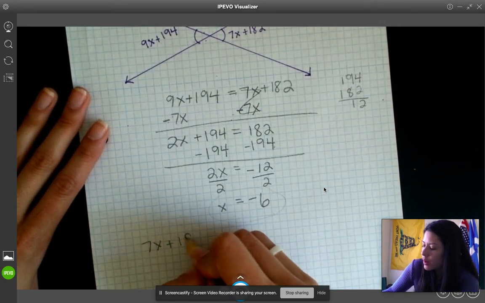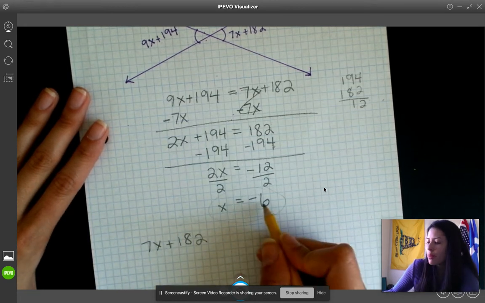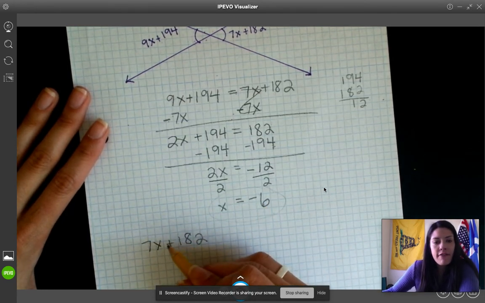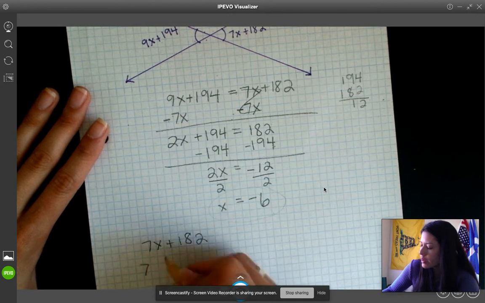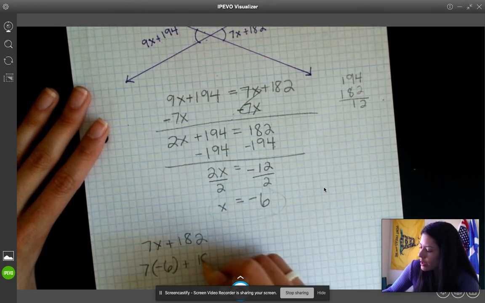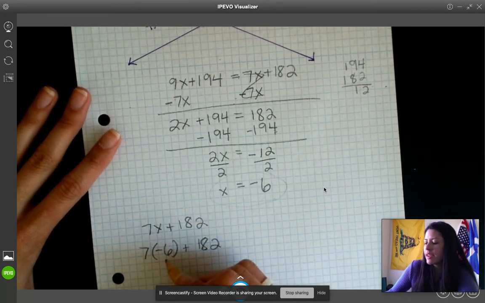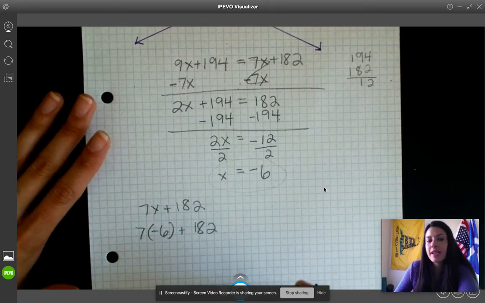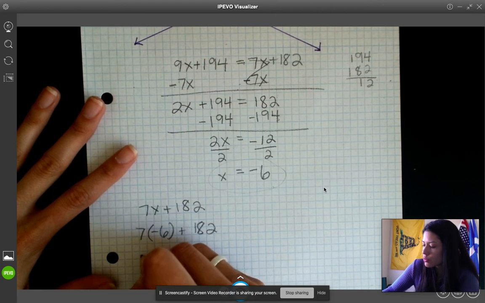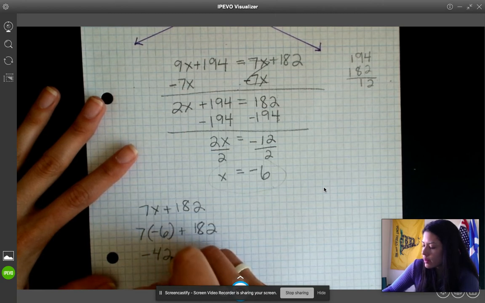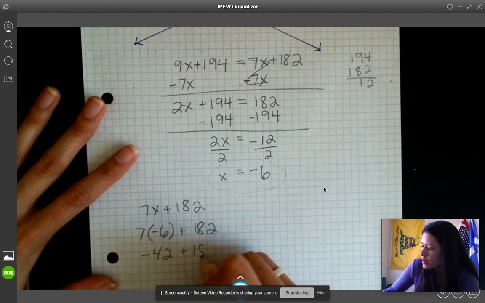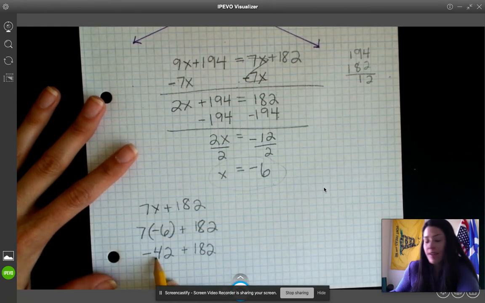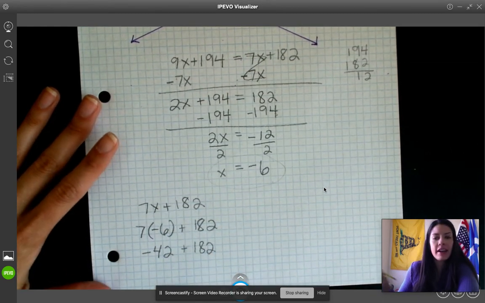Plugging in the negative 6 for my variable. 7 times negative 6 plus 182. 7 times negative 6 is going to be a negative 42 plus the 182.